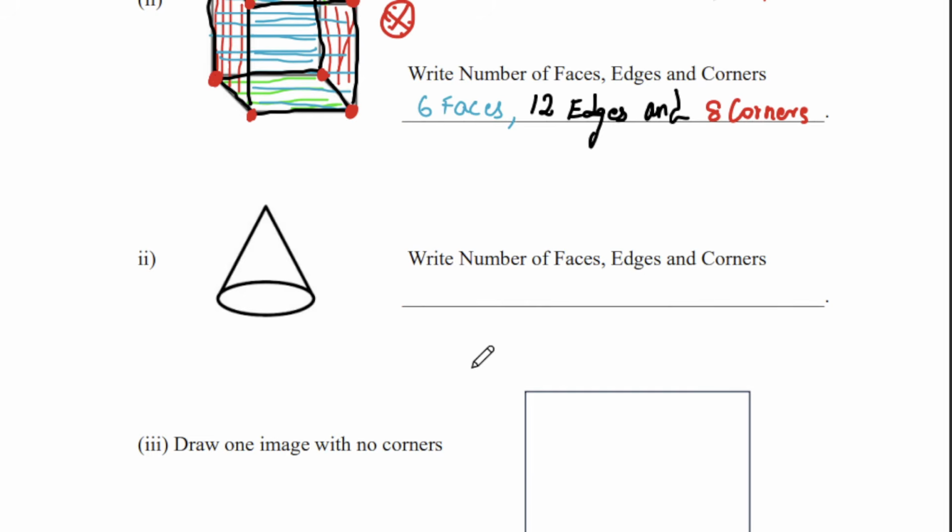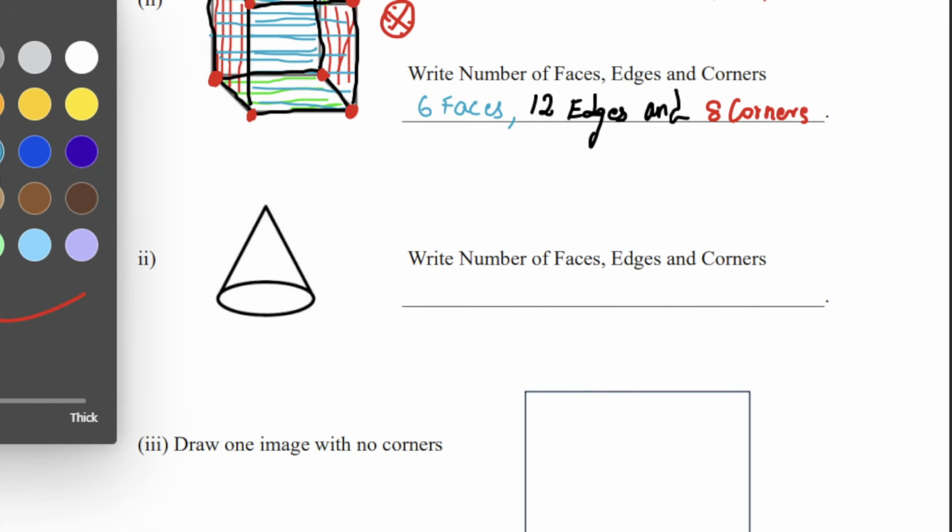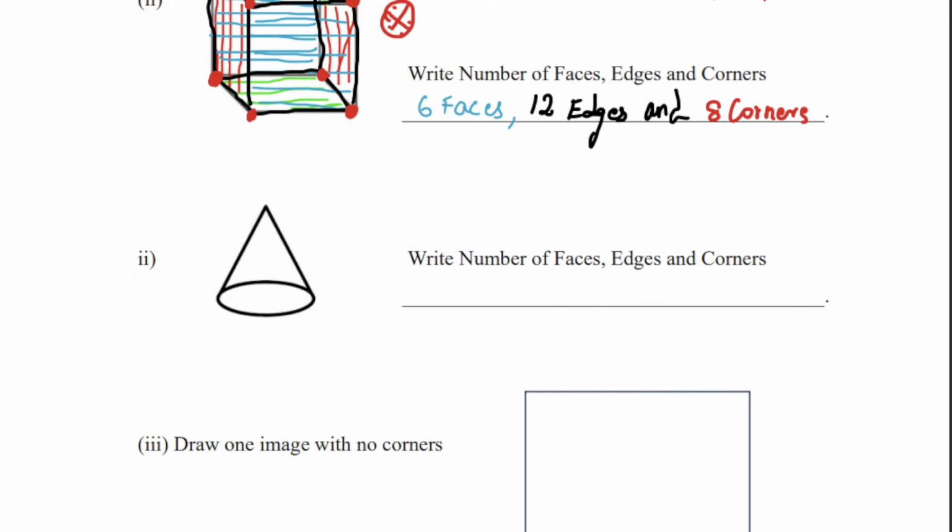How many faces do we have? So this is the first face. I'm going to change the color to blue for face. Here, this is the face of the cone. So one face. And how many corners do we have? Red color. So this one, the corner.